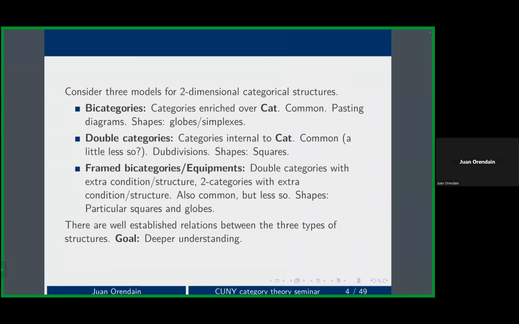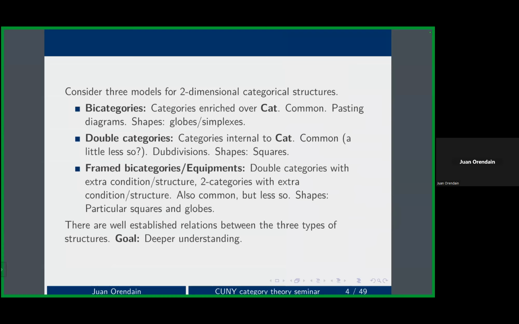Now, the other type of 2-dimensional categorical structure one considers is double categories. Double categories are categories internal to Cat, as opposed to bicategories that are enriched. Double categories are also pretty common, a little less so than bicategories, I guess, but now they're having this renaissance where a lot of people are considering their structures as being organized into double categories.